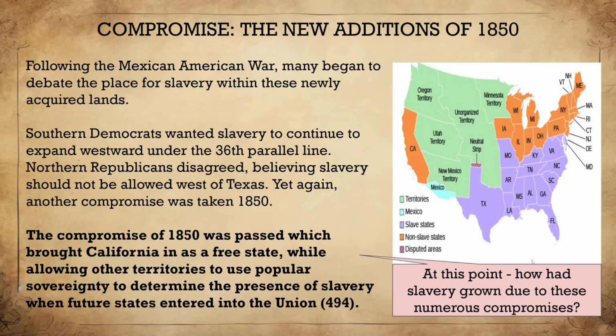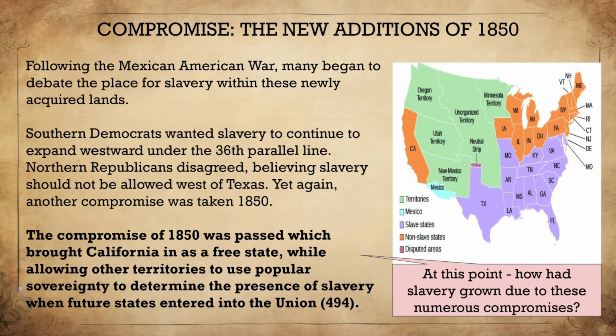But you have to ask, at this point, how had slavery grown due to these numerous compromises? If I'm the person arguing compromise, could I not argue right here that the reason why the Northern Republicans and those who were against slavery found themselves in this situation was that instead of containing slavery to the original 13 colonies, they allowed it to continue because of compromise.